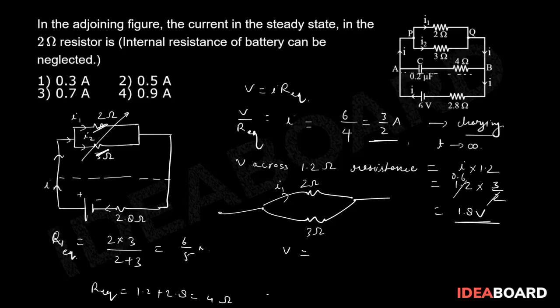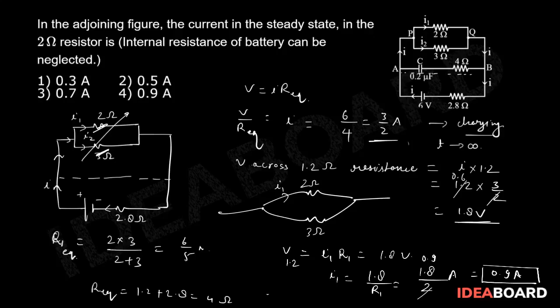So V is equal to I1 into R1, which is 1.8 volts. Now R1 we know, I assumed 2 ohm, so I1 is going to be 1.8 divided by 2, which is finally 0.9. So 0.9 ampere is your final answer. Which option is the right choice? Option number 4 gives us the right choice.